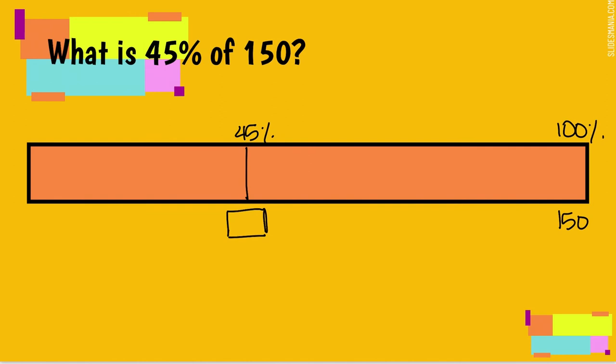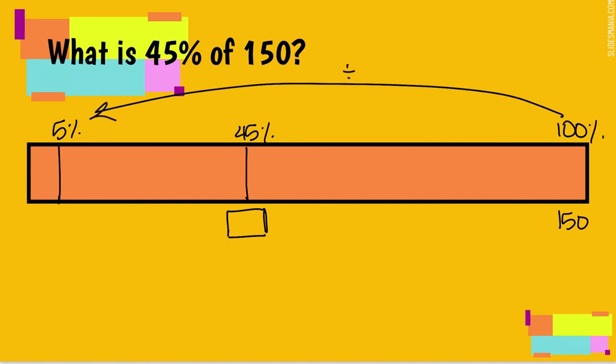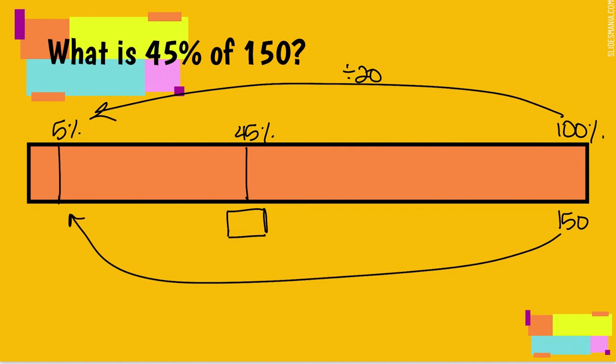So I have to think about factors of 45, which I know 5 is a factor of 45. So if I can get to 5%, then I can get back up to 45%. So to get to 5%, I will divide 100 by 20, which means I'll also divide 150 by 20.